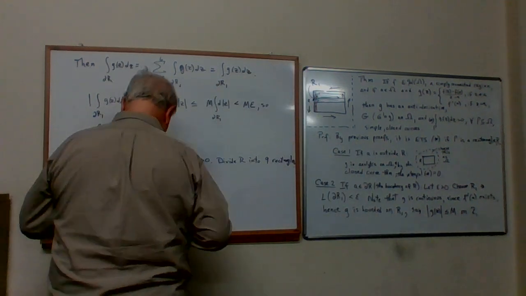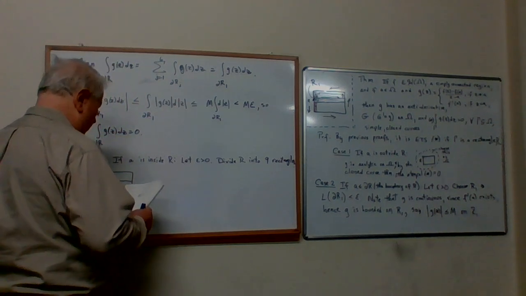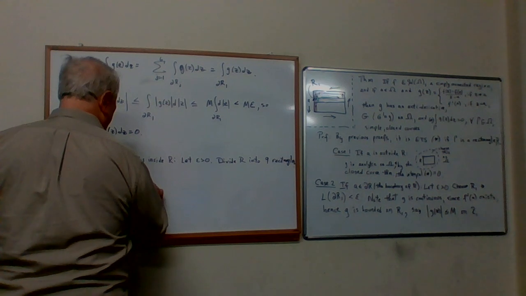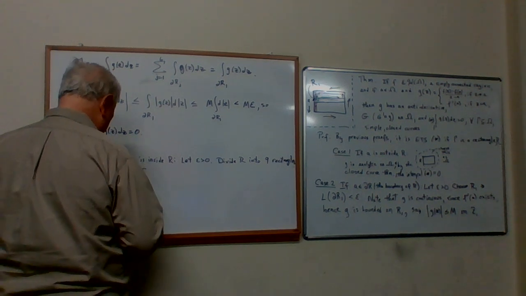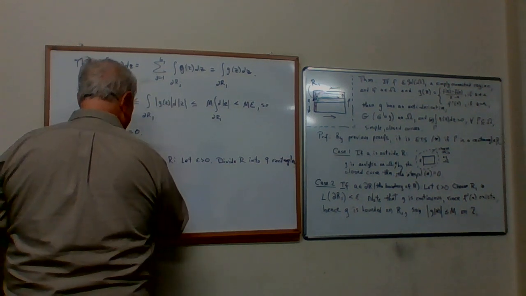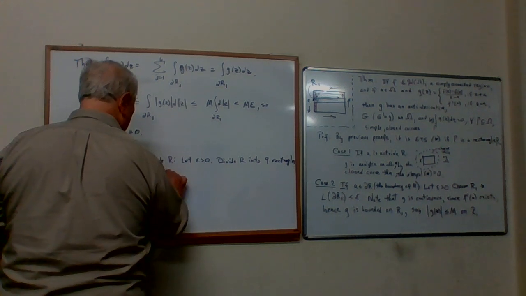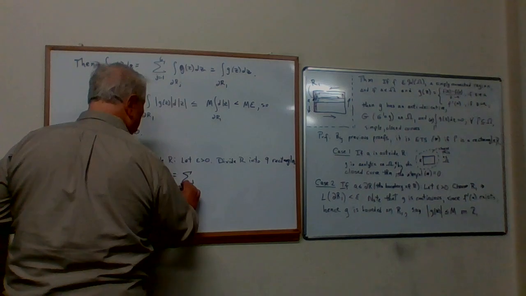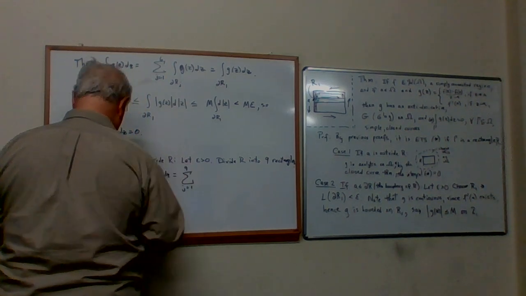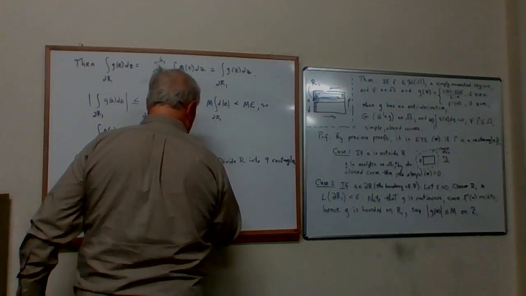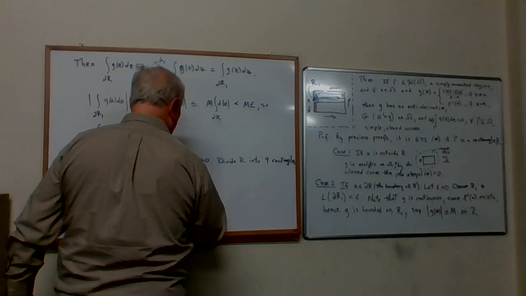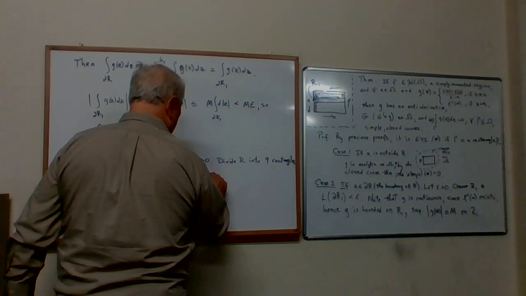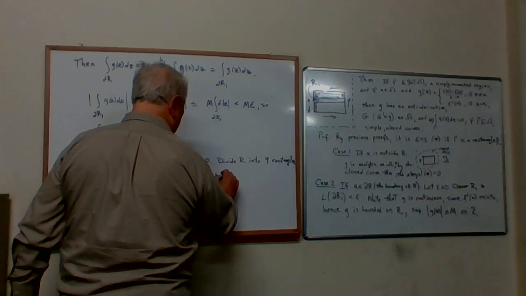So here the integral over the boundary of the big rectangle of g of z dz is equal to the sum from j equals 1 to 9 of all the integrals over the boundary of the subrectangles, g of z dz.